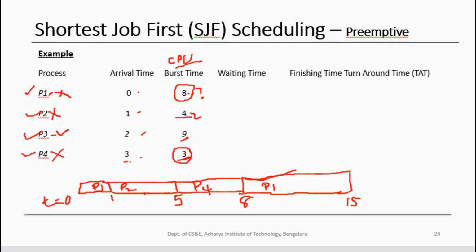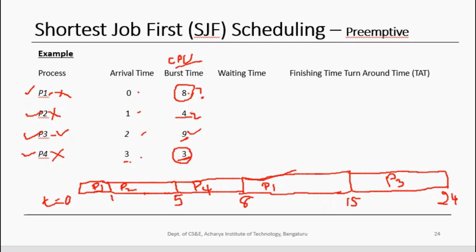The only process which is remaining in the ready queue is P3. Now P3 is given CPU and it will run for 9 time units. So it is going to complete after 24 time units. So what's the total time taken by all these 4 processes to complete execution? 24 time units, which is the same as the amount of time taken in case of non-preemptive.